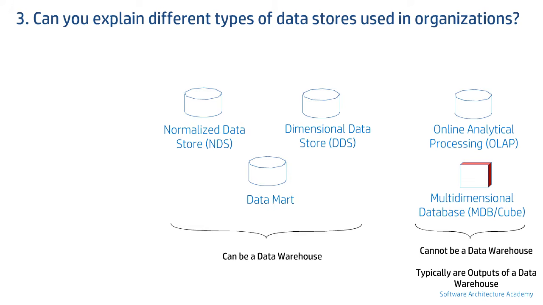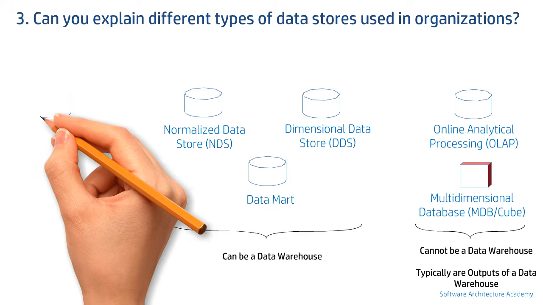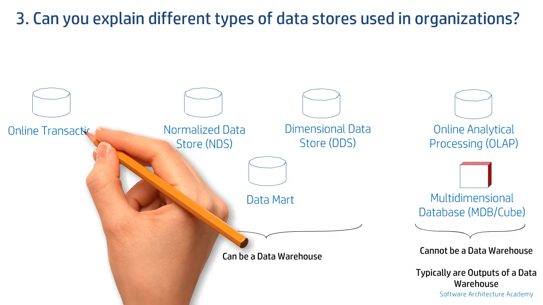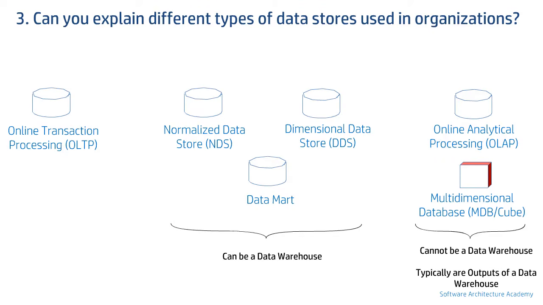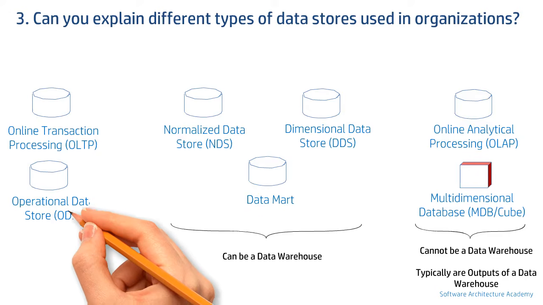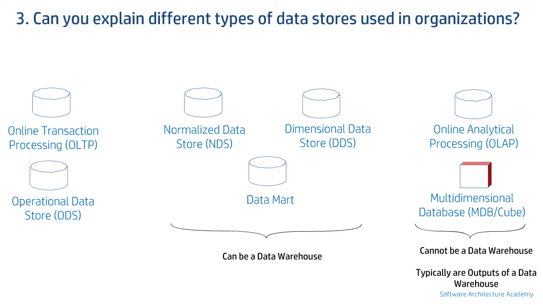Moving on to the origination side of things, we have what is called an OLTP system which records transactions. It's usually a data capture system capable of recording a number of concurrent transactions. In addition, we can also have an operational data store or an ODS which contains the latest data from multiple sources, typically used for reporting.